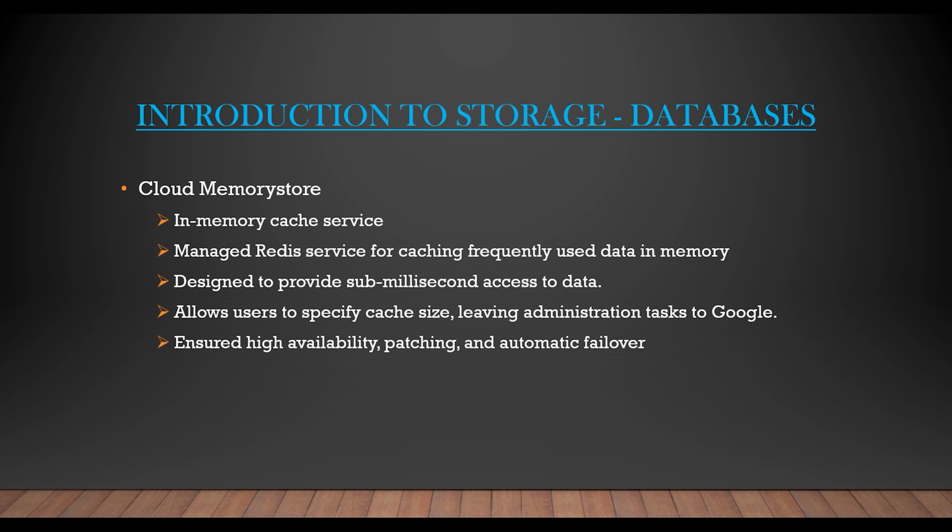These are used to reduce the time needed to read data into an application. And Cloud Memorystore is designed to provide sub millisecond access to data. It is a managed service that allows users to specify the cache size, leaving the administration tasks to Google. GCP also ensures that high availability, patching, and automatic failover are available for Cloud Memorystore so that you don't have to worry about it.